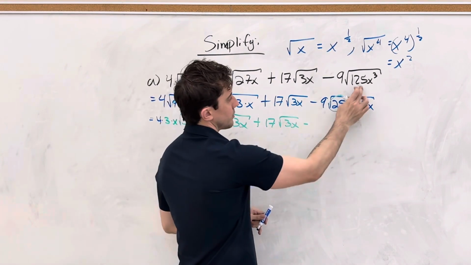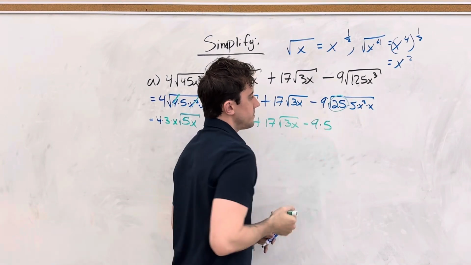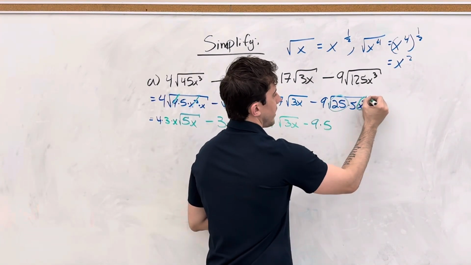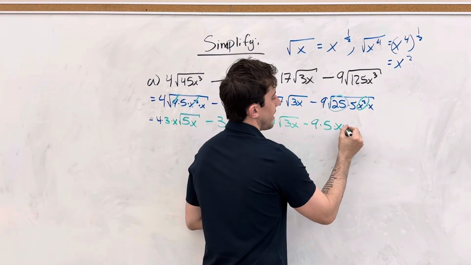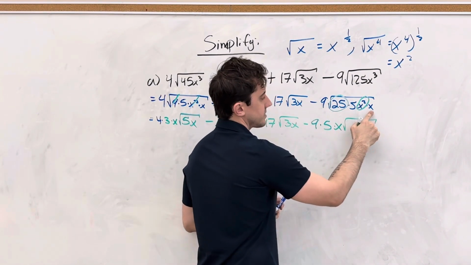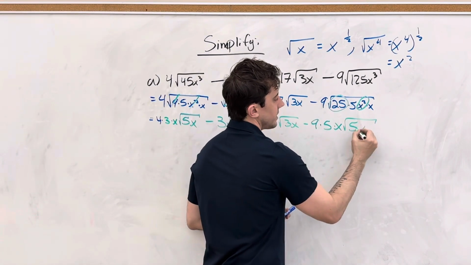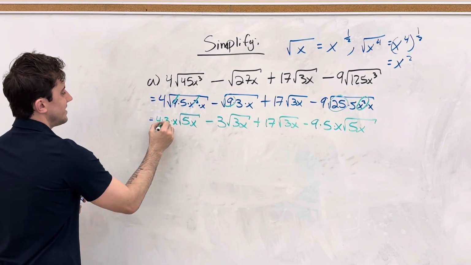That was a factor of 125. The square root of 25 is 5, so we'll have 9 times 5. Next, x squared can also be evaluated for its square root. The square root of x squared is x. And then the 5 and the x can't be simplified any further through square root, and so they'll stay under that square root. Let me write that in green to be consistent.